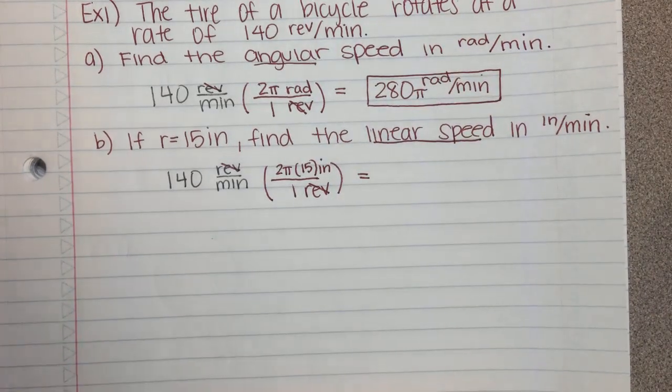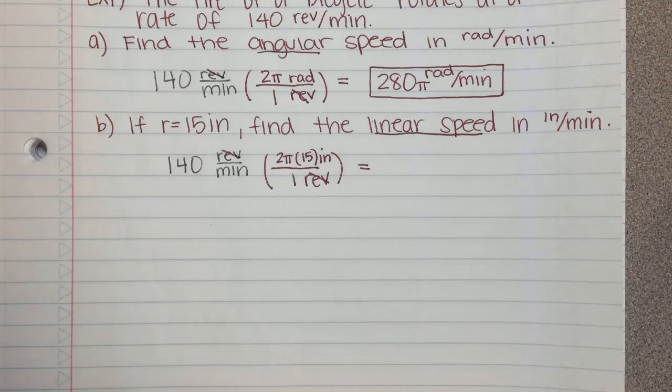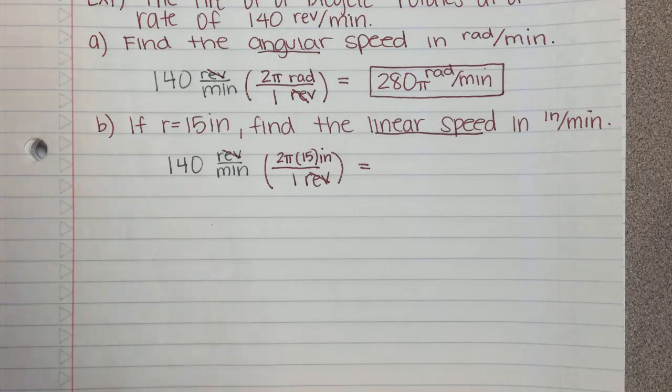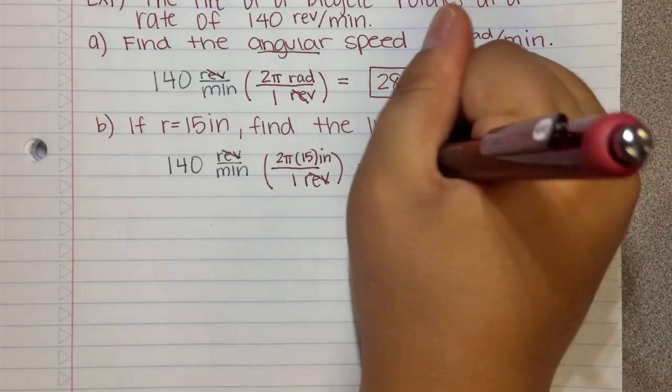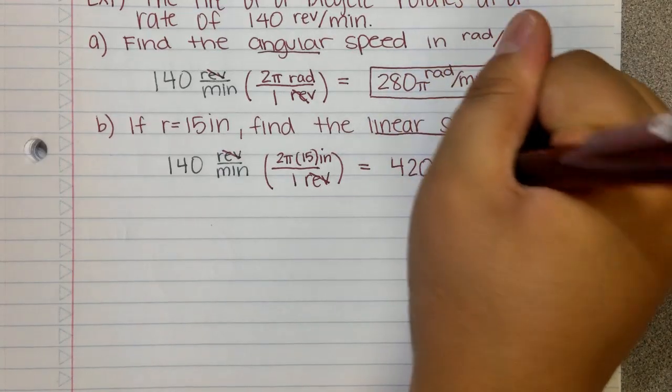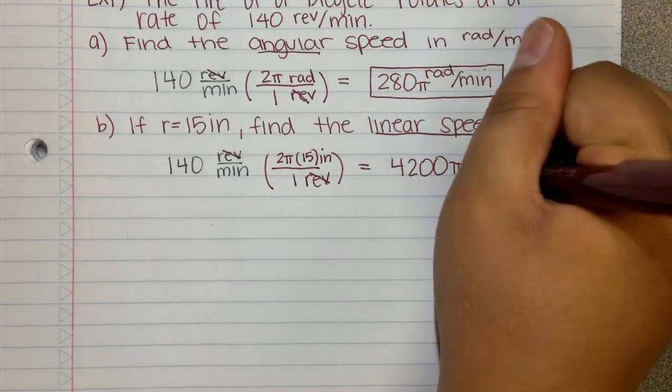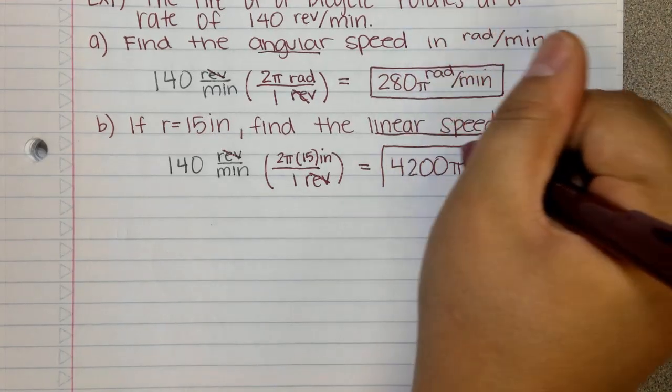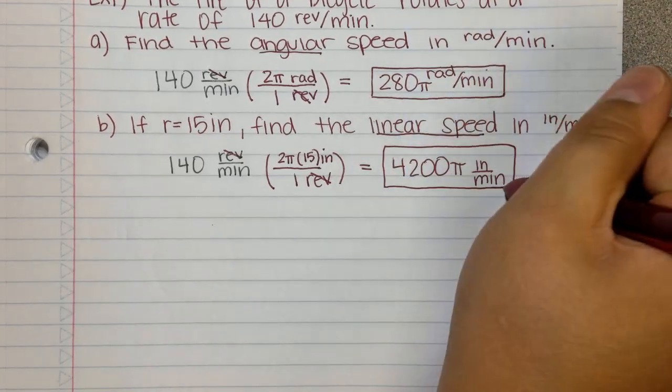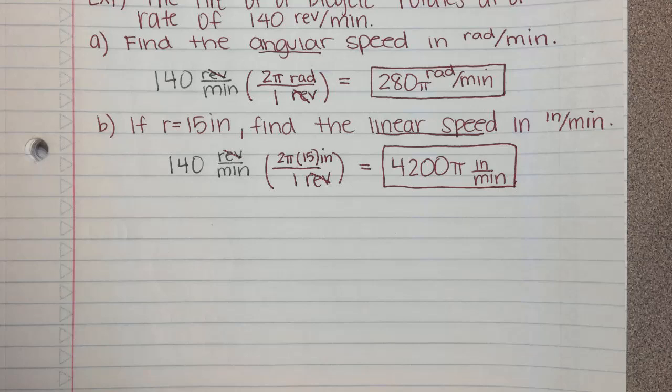So what is 140 times 2 pi times 15? Don't put pi in. So it's 4,200 pi inches per minute. And that is my linear speed. That's how far that bike travels.